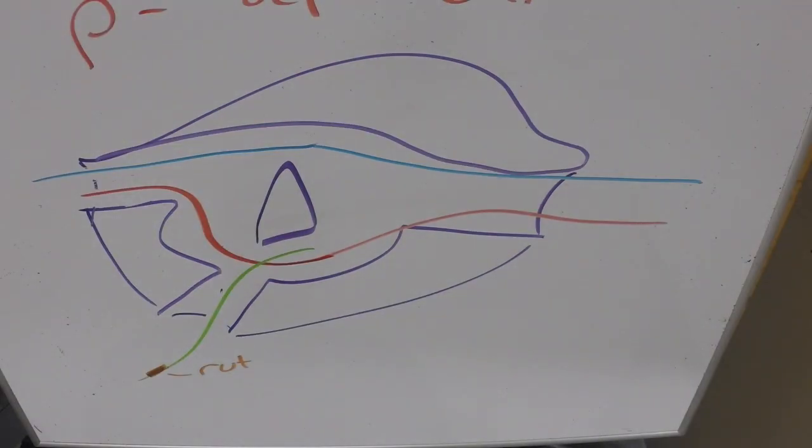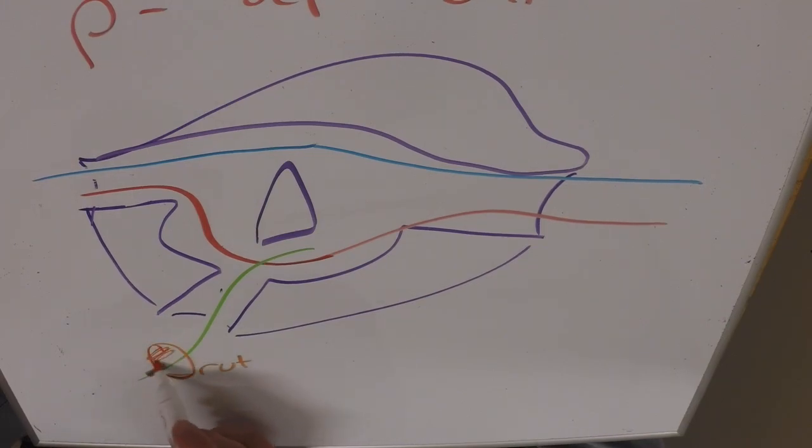Now let's talk about rho-dependent termination. Unlike rho-independent termination, a hairpin-like structure isn't used to dissociate the mRNA from the RNA polymerase. Instead, something called a RUT site, which stands for rho utilization element, will bind to rho helicase, and the rho helicase will come in.